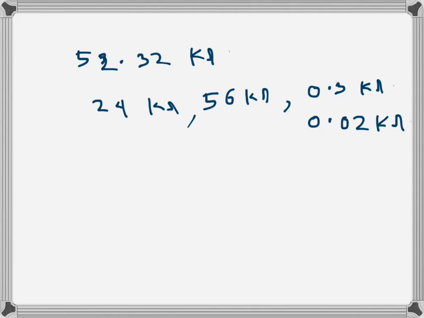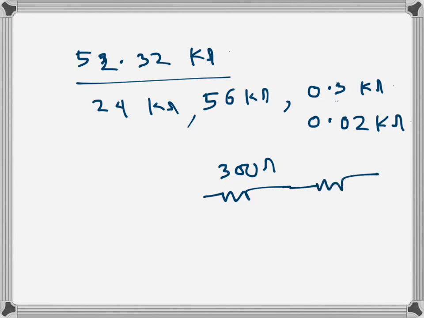So when we look at this value, with 300 ohms and 20 ohms in series, we get 320 ohms, and that is actually 0.32 kilo ohms. So we will do that first, let's say. These two in series combination give us 0.32 kilo ohms.